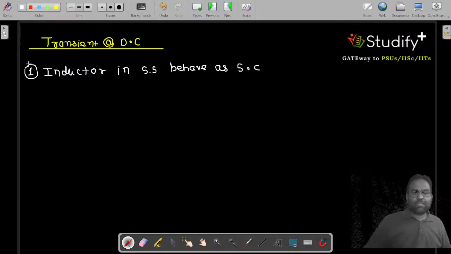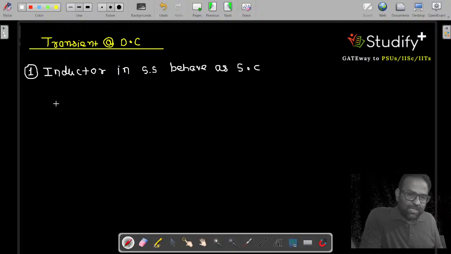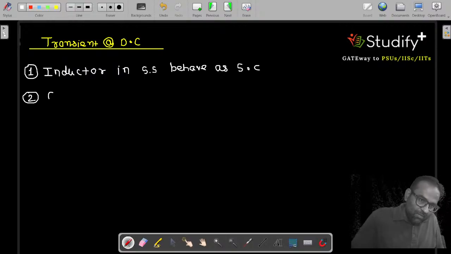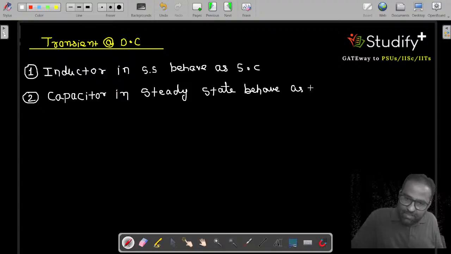So our first concept is: inductor stores the energy in the form of current, and in steady state it behaves as a short circuit. And capacitor in steady state behaves as an open circuit.